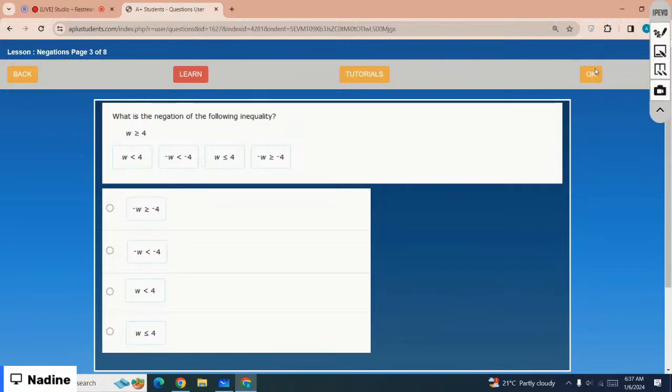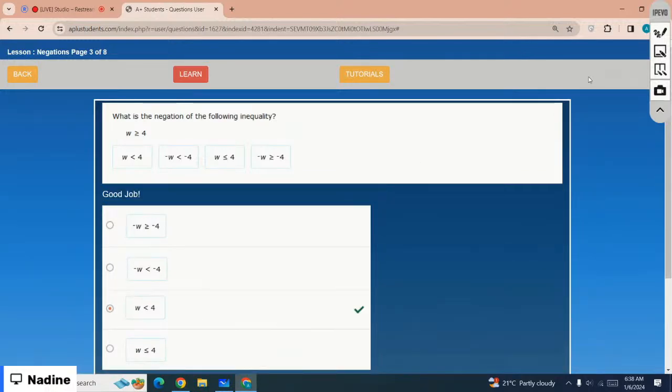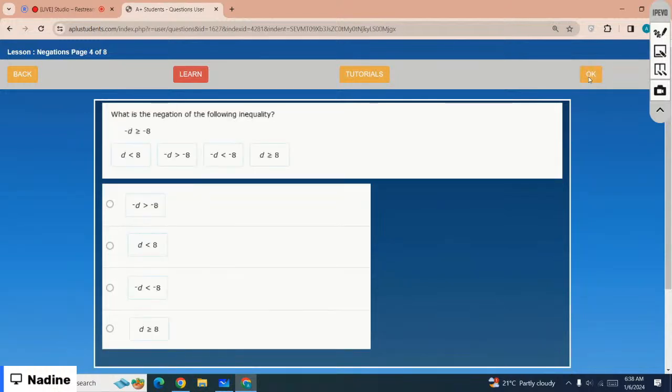So it is W is not greater than or equal to 4, so they are less than 4. The correct option is W is less than 4. What is the negation of the following inequality?